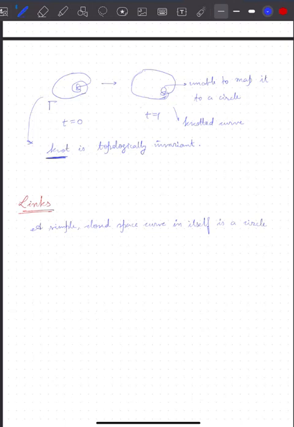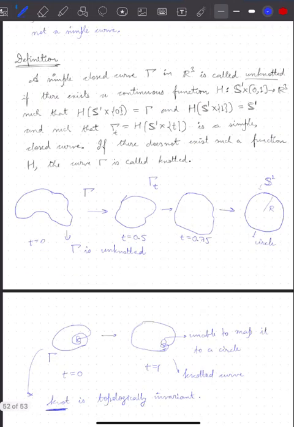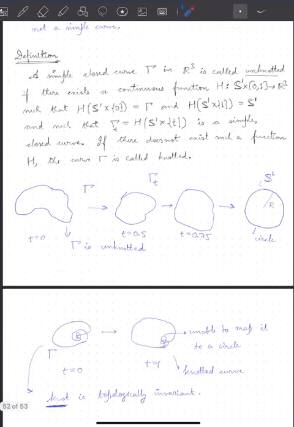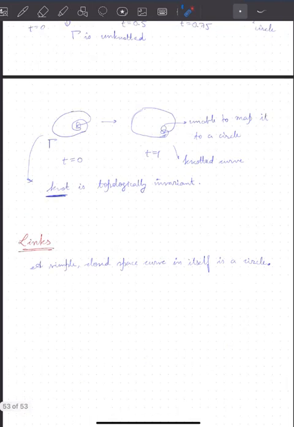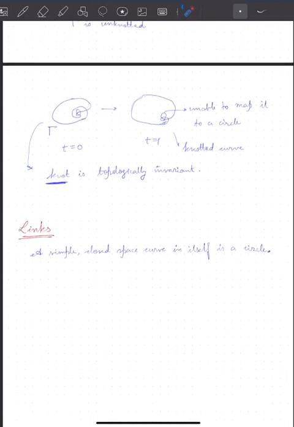What I mean to say is, this one is a simple closed curve, and it resembles a circle because after continuously deforming it, we are able to get a circle out of it, just by continuously deforming it in such a way.